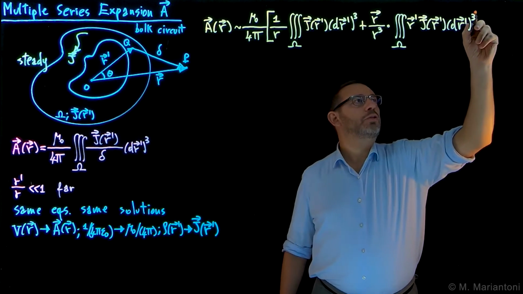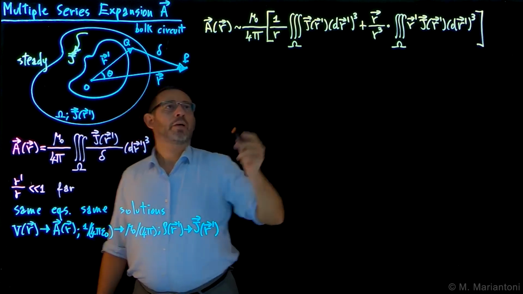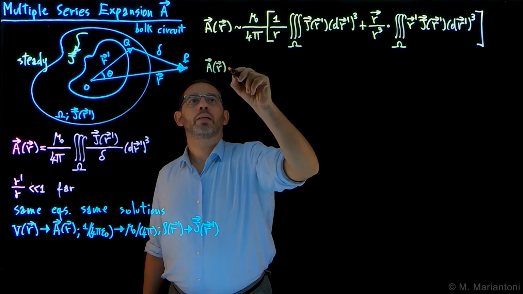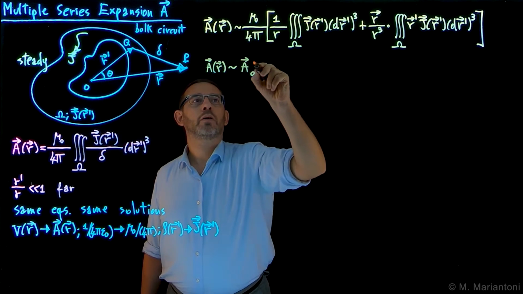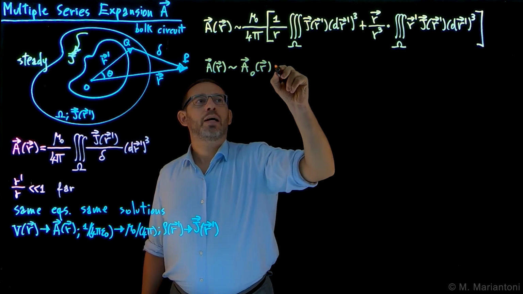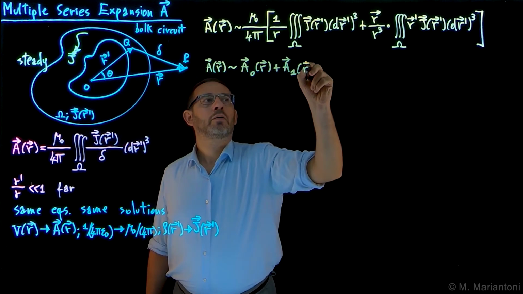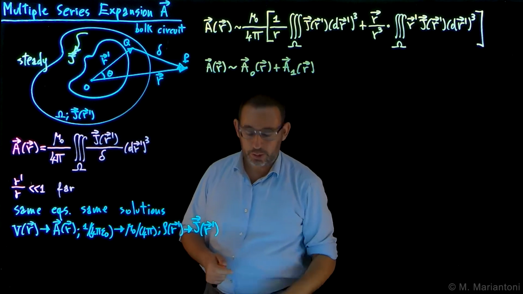All right, so this one will exclude this bracket because we have the mu naught over 4 pi in front of the whole thing. And so this means that A of r can be approximated to the first two terms as an A naught, the monopole term of r, plus an A1 of r, where A naught and A1 are respectively these quantities here.